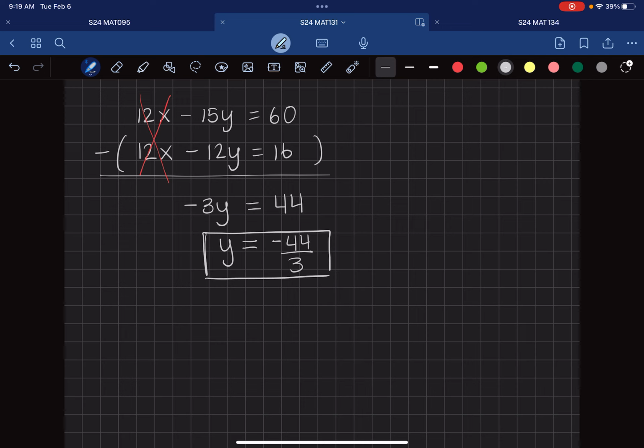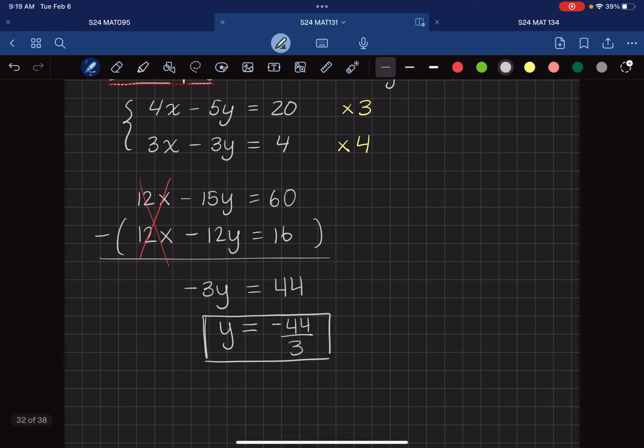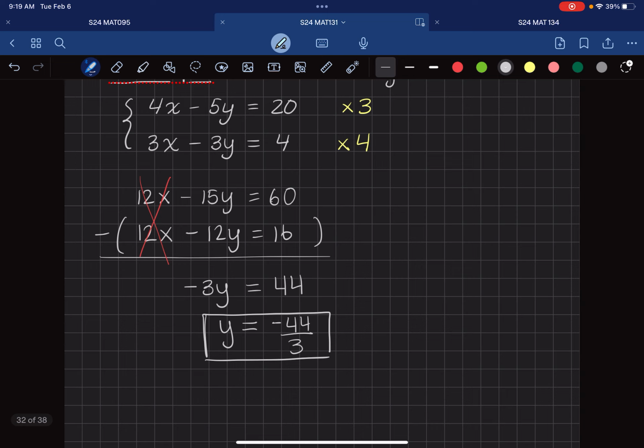If you wanted to, you could take this y and plug it into one of the original equations, whichever one you want, and then solve for x that way. I'm going to just do elimination again, but on the y's this time. So let me move this work over.